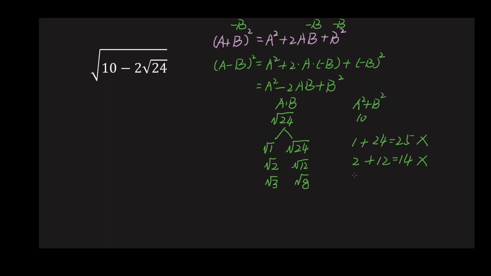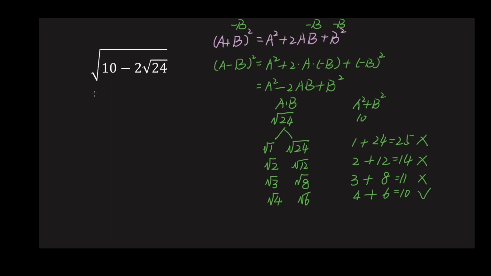This squared is 3, and this squared is 8. 3 plus 8 is 11. This is still not the right answer, but much closer. And then square root 4, square root 6. This squared is 4 and this squared is 6. 4 plus 6 is 10. This is the right answer.